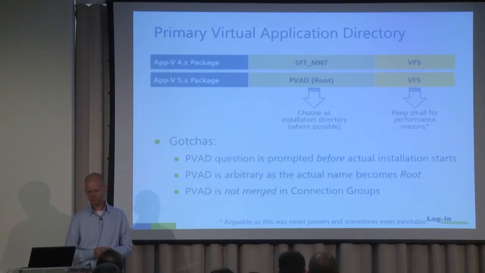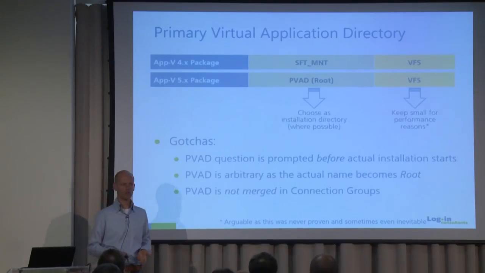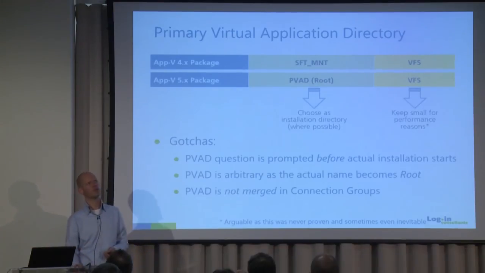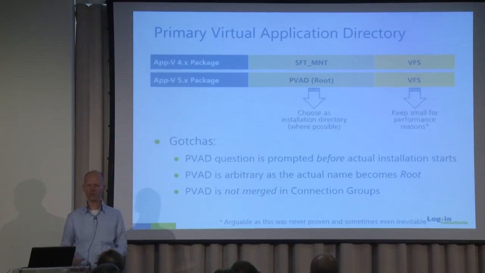First of all, the PVAD question in the sequencer is asked before the actual application has installed. So it asks you what's the primary virtual application directory, and you say, oh, I think it's program files Adobe. You do the setup, and apparently Adobe installs silently, and it installs everything to program files Adobe Reader.